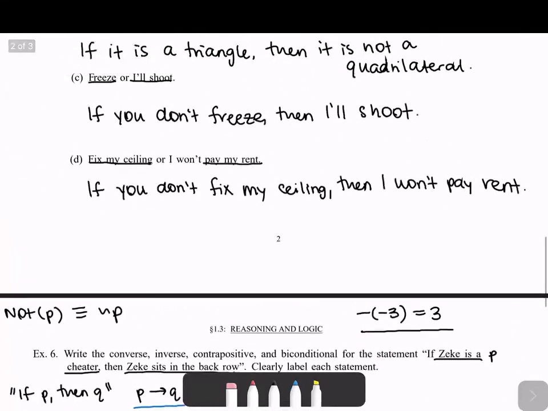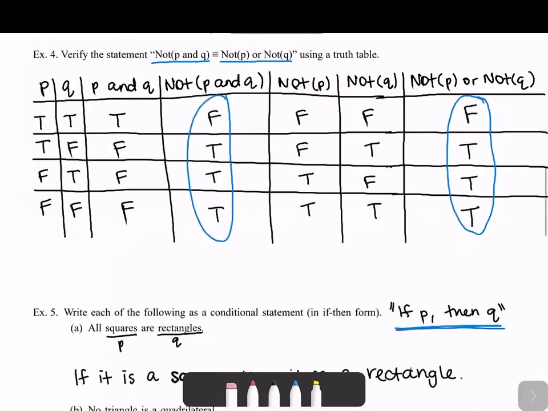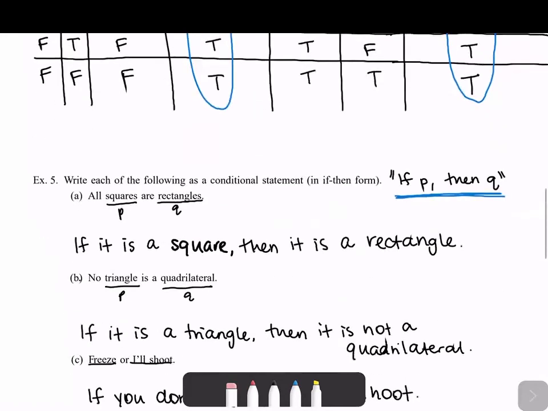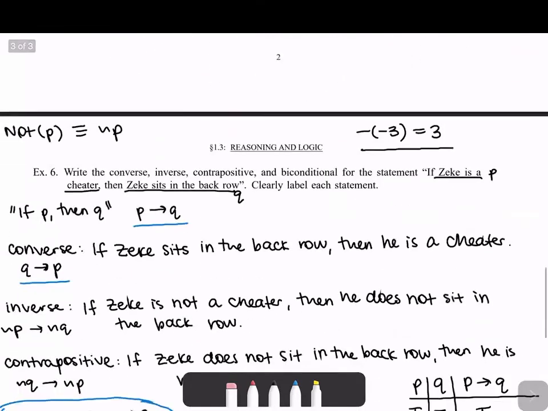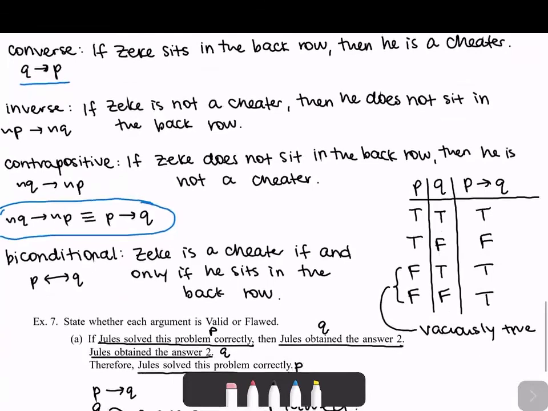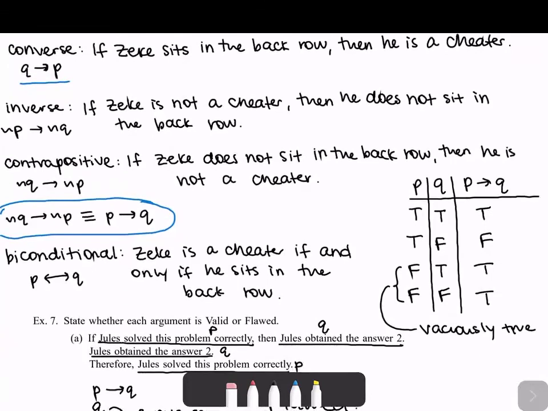And you can do that the same way we did right up here in this example. We verified these two things being logically equivalent using a truth table. And so we can do that exact same thing with showing that the contrapositive is logically equivalent to the conditional. So if you want to do that just so you believe it, go for it. And you should get that they're the exact same. And if you don't, ask me about it and we can work through it together.